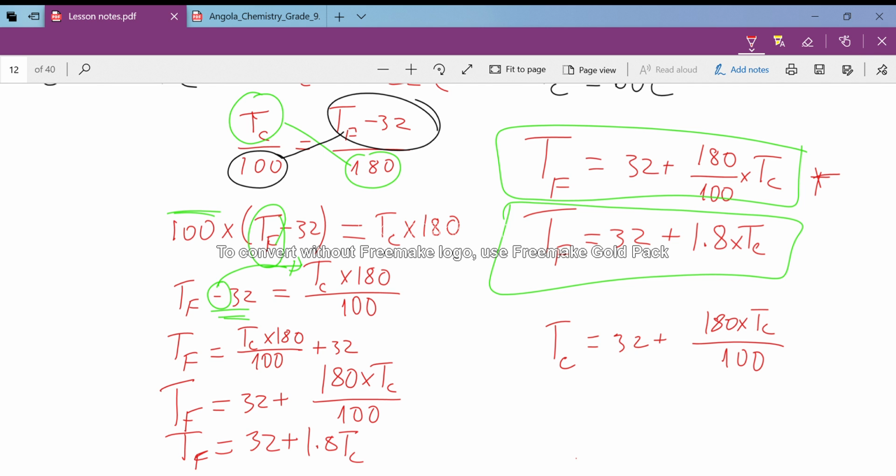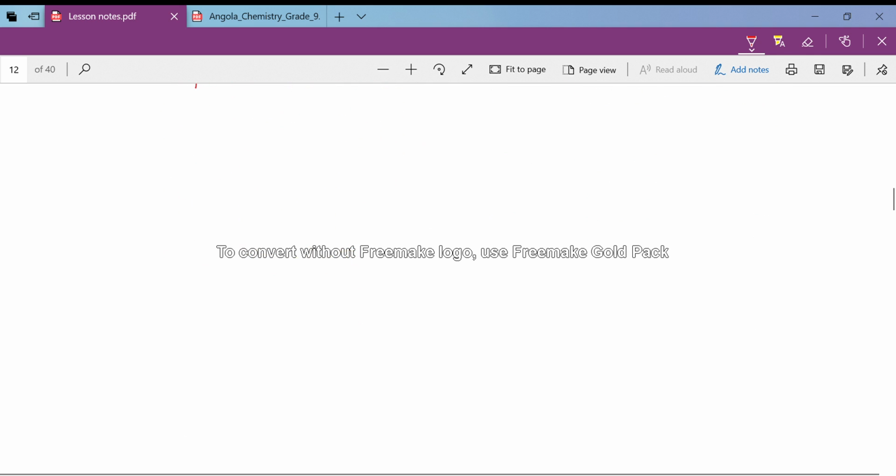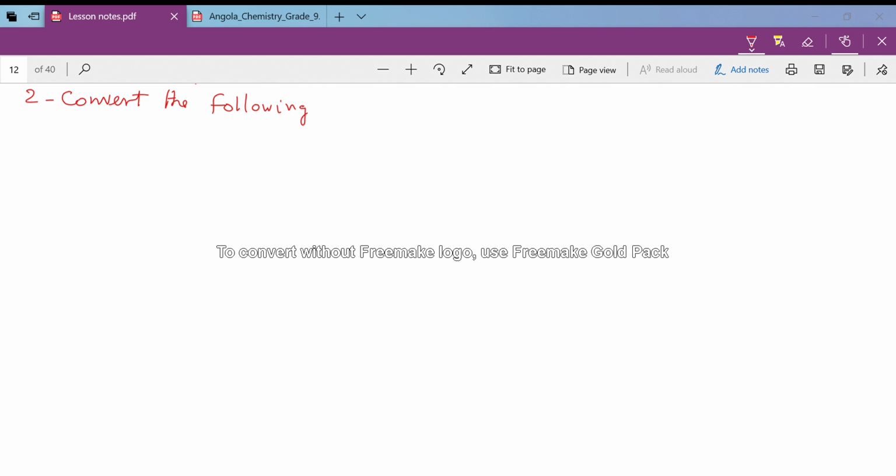Then the exercise will be Exercise number 2. Convert the following temperatures.